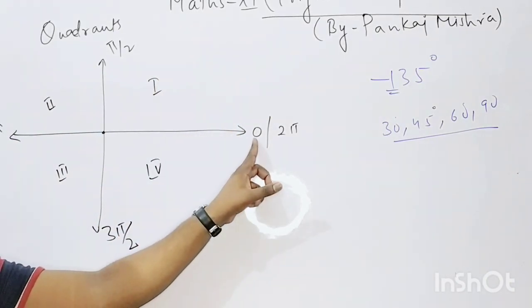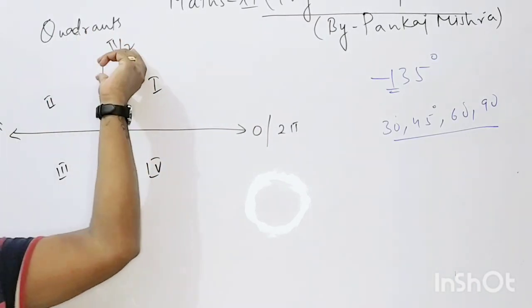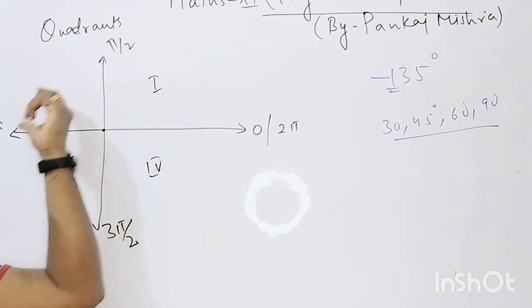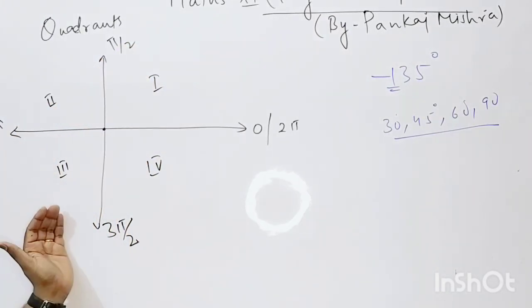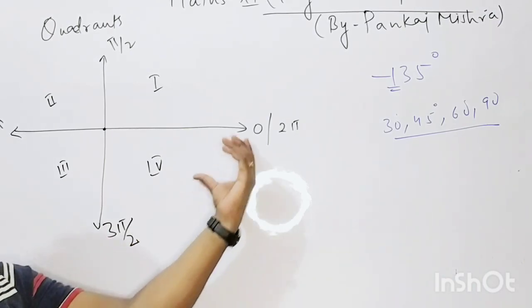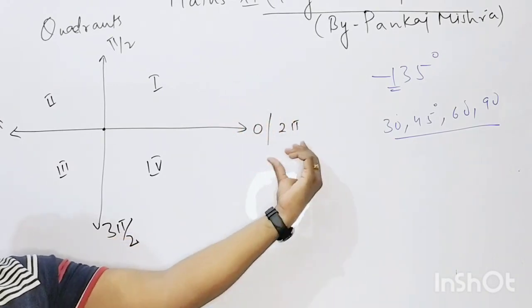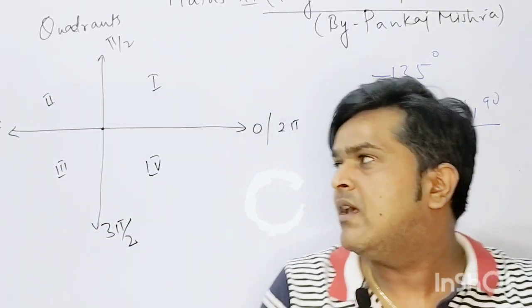First quadrant will start from 0 to 90, that is pi by 2, and then pi by 2 to pi. Pi by 2 refers to 90 degree and pi refers to 180 degree. The third quadrant lies between pi to 3 pi by 2 and the last quadrant is 3 pi by 2 to 2 pi. These are the quadrants in which the trigonometric functions will be lying.